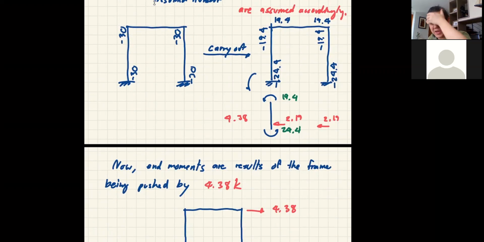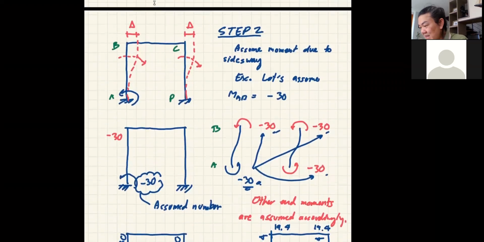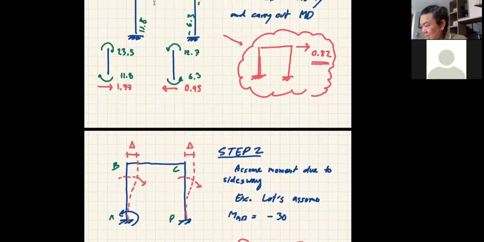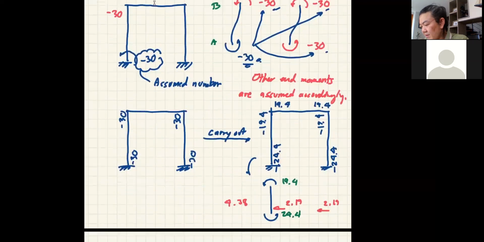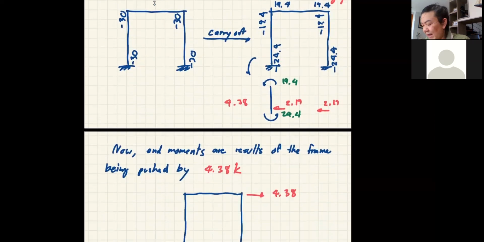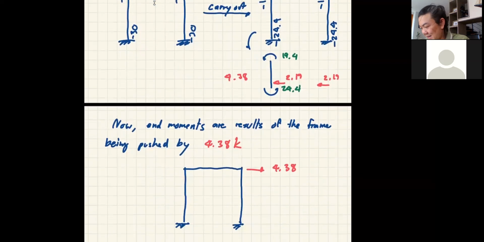Now, what we have from step number 1 is we know that the imaginary load that pushes the beam is 0.82. We assume a number, say minus 30, but we end up with, it's like a back calculation, the load that is 4.38.